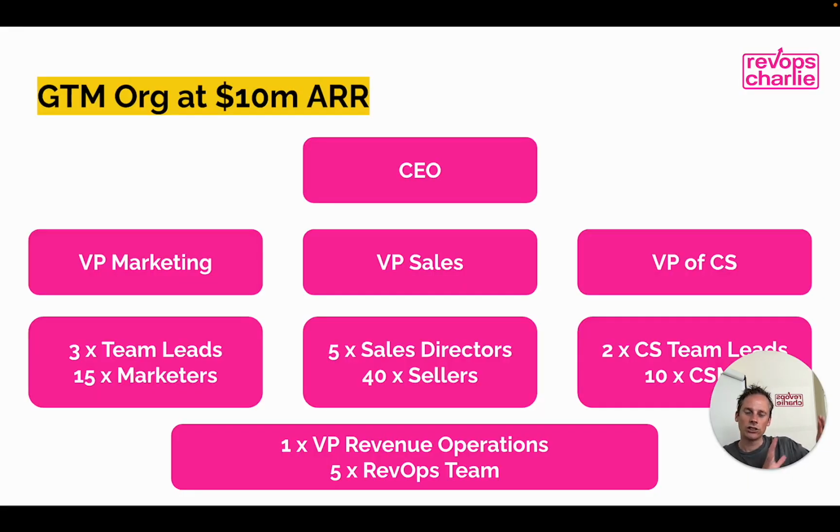Let's just remind ourselves about where we are headed and what your go-to-market org is going to look like at that 10 million ARR. From a sales function, you are going to need a VP of sales.